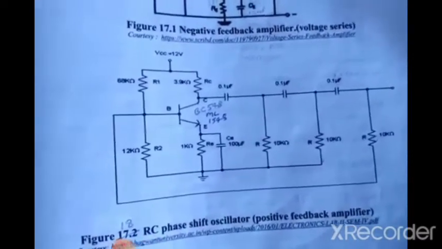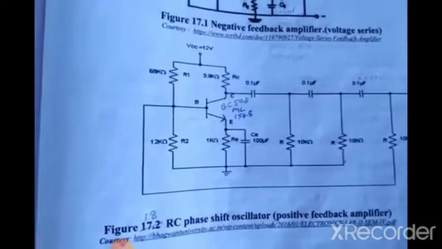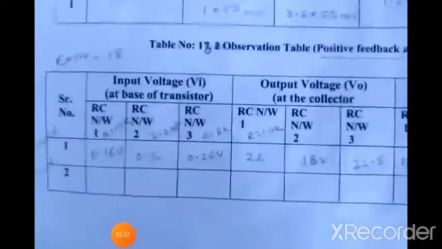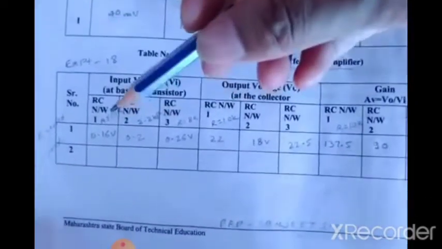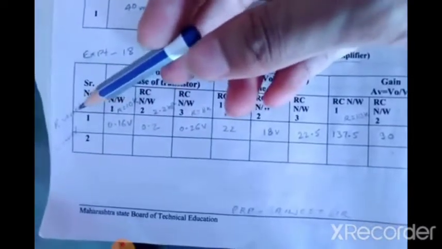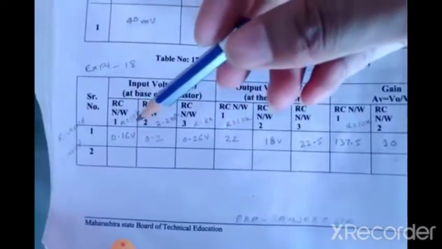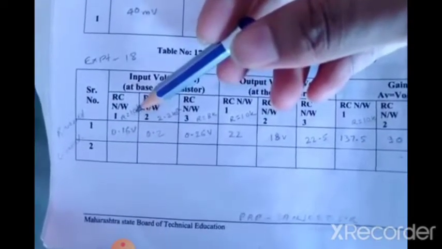Okay, now we'll see the observation table. So this is the observation table. By varying the resistance value, we will observe the input voltage at the base of the transistor and the output voltage at the collector of the transistor.